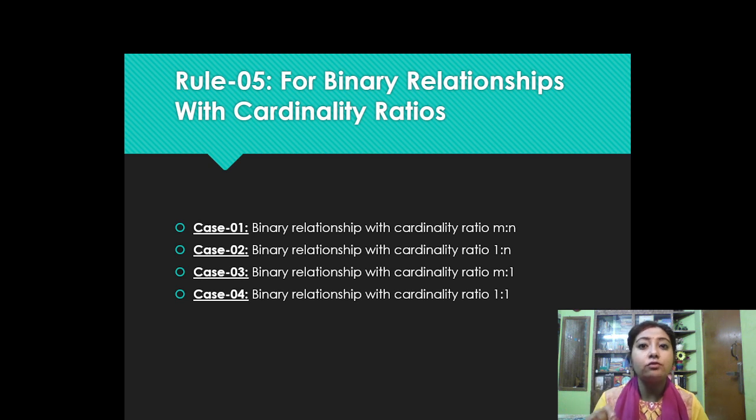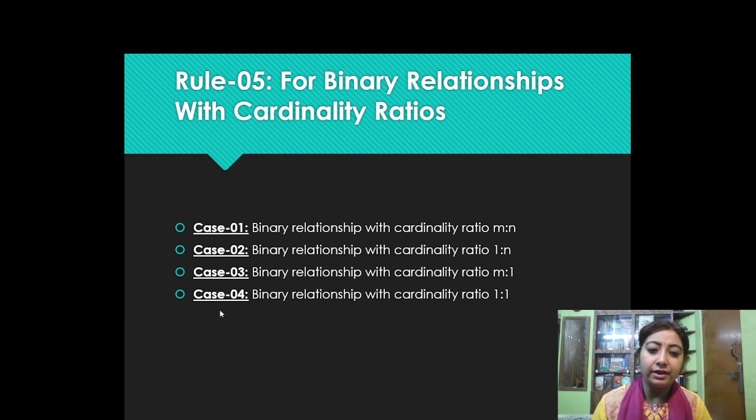This ratio is called cardinality ratio, and it is very important in case of ER diagram. Based on these cardinality ratios, the mapping can be done, and this mapping is divided into 4 different cases.